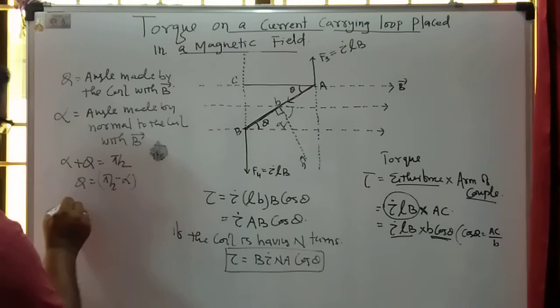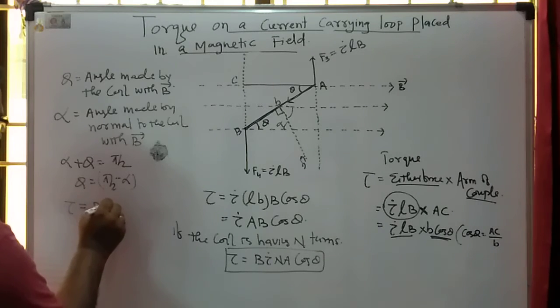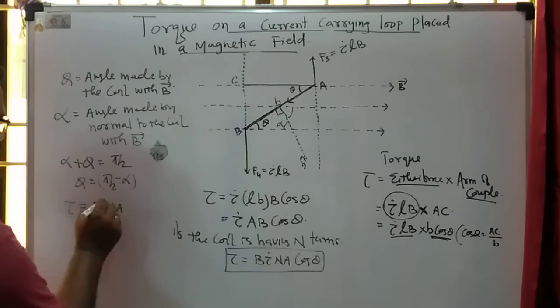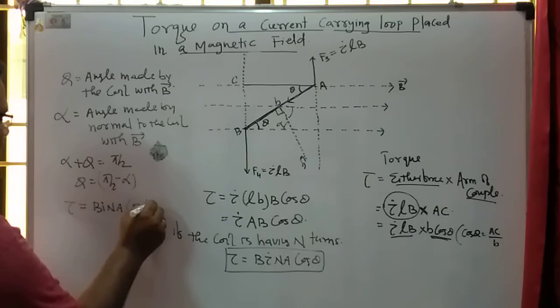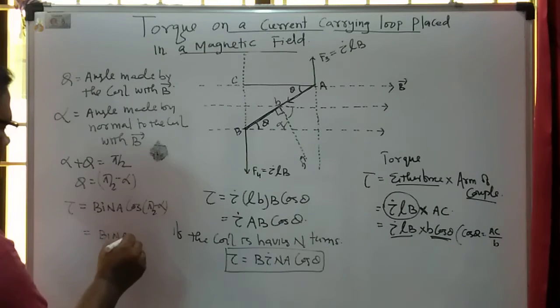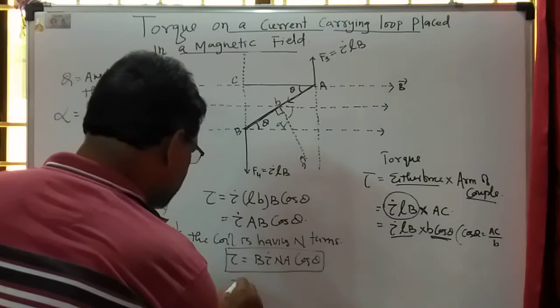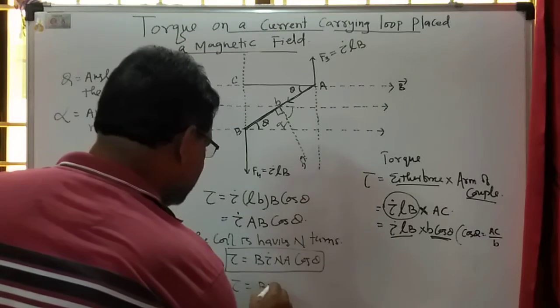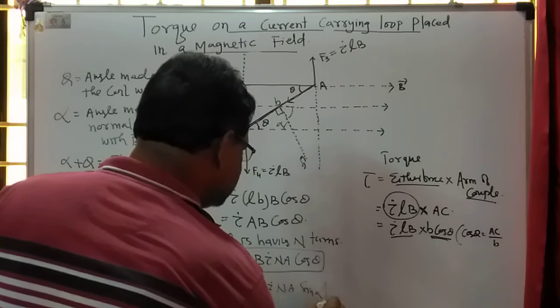If you reform the expression, torque equals BINA cos, and in place of theta you write pi by 2 minus alpha, which equals BINA sin alpha. The relation is very important.